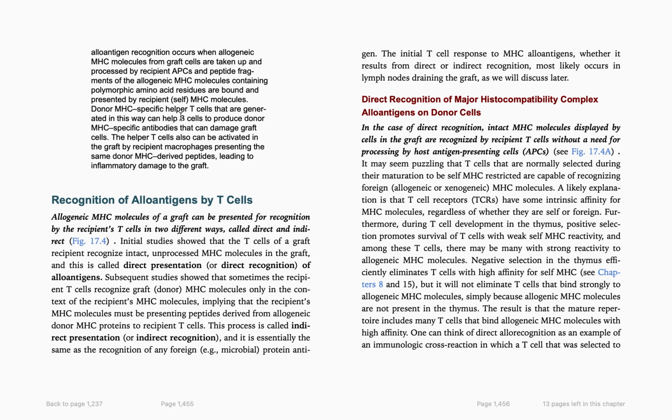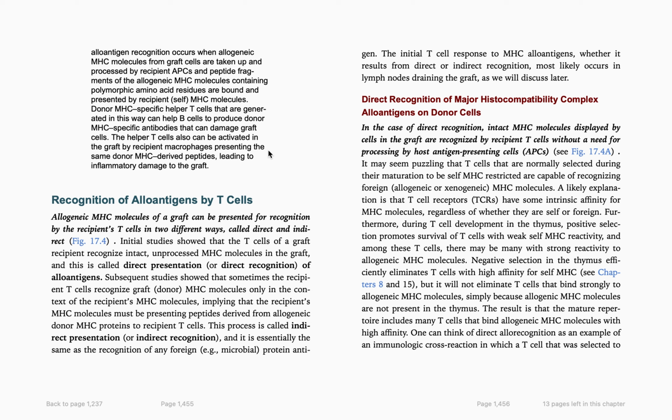Donor MHC-specific helper T cells that are generated in this way can help B cells produce donor MHC antibodies that can damage graft cells. The helper T cells also can be activated in the graft by recipient macrophages presenting the same donor MHC-derived peptides, leading to inflammatory damage of the graft.